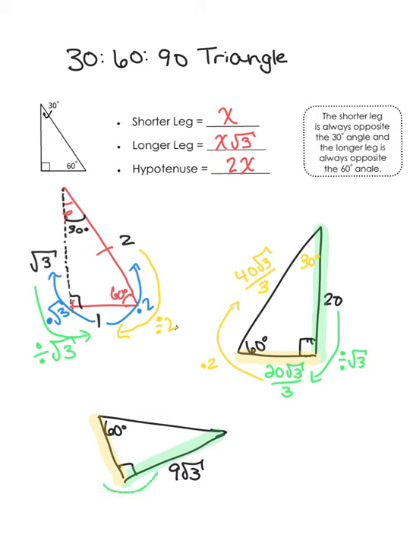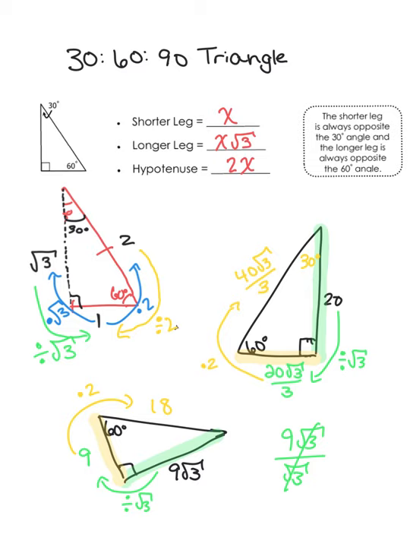So 9 square roots of 3 divided by the square root of 3. In this case, I don't have to rationalize the denominator because my square roots of 3 just cancel out, so I'm left with just 9. What do I do to go from the short leg to my hypotenuse? I'm going to multiply by 2, and 9 times 2 is 18.